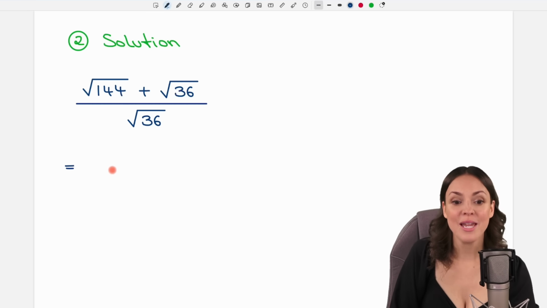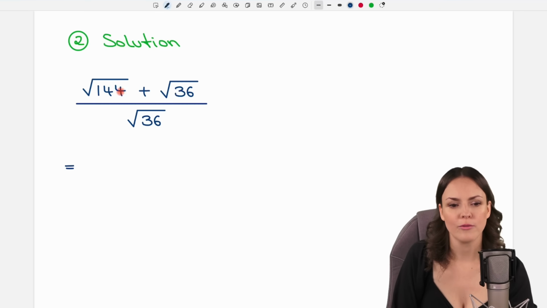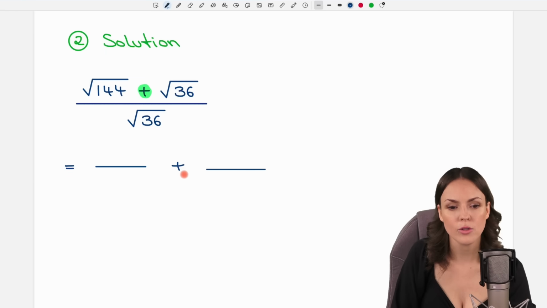Okay, so maybe a second solution could be that you're like, ooh, the square root of 144, I don't know without a calculator. But because we have a plus here in the numerator, we can write this one big fraction as 2 separate fractions that are connected by this plus.